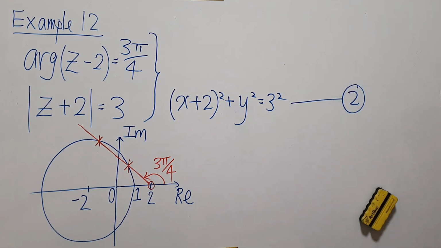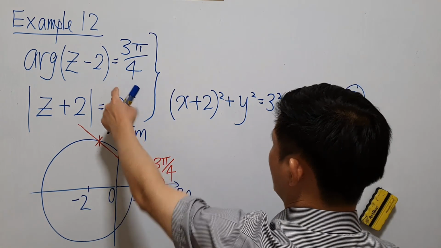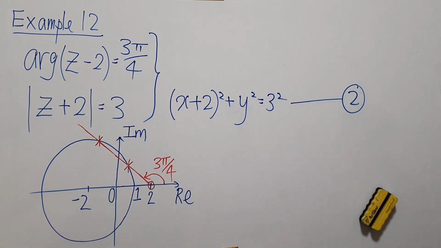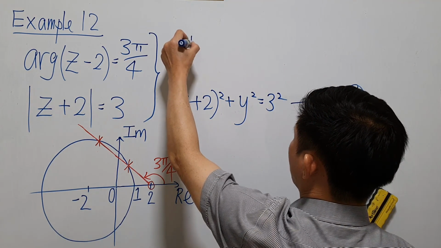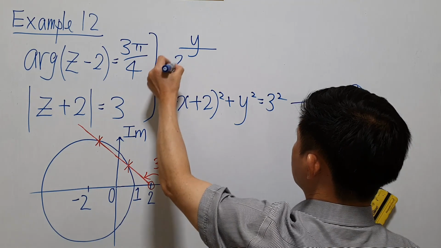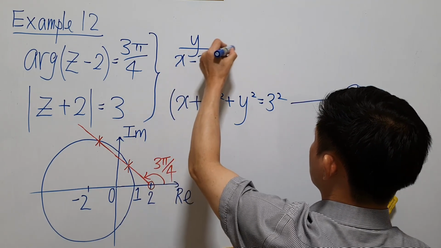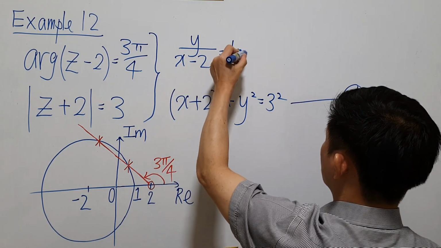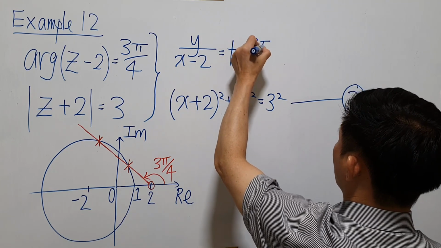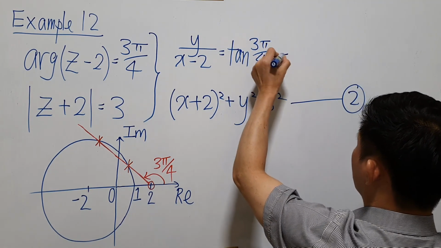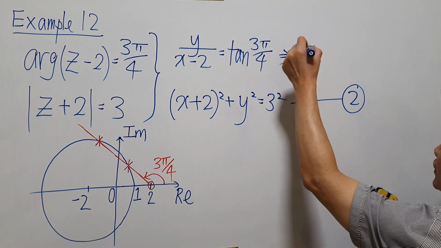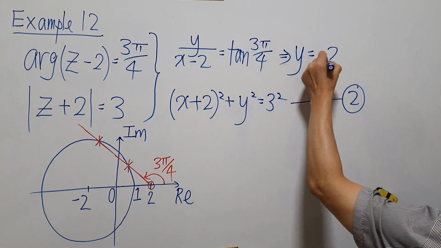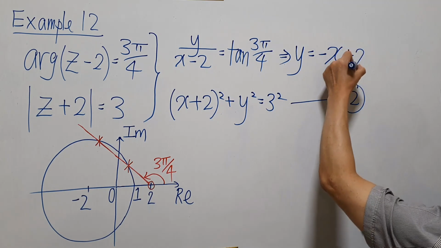Then for the equation on top, you can convert it into the Cartesian equivalent. It will be y over x minus 2 equals tangent of 3 pi over 4. And this equation can be tidied up to become y equals minus x plus 2.